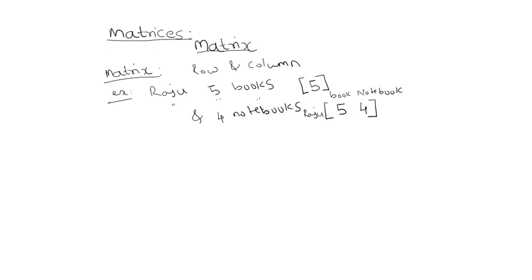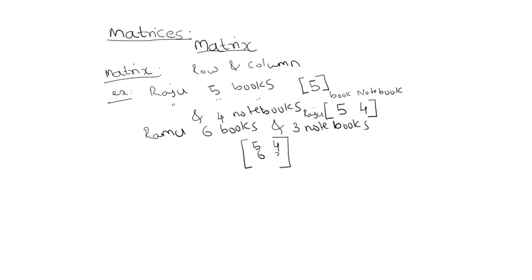Now suppose there is another person, say Ramu. Suppose Ramu has 6 books and 3 notebooks. Then we can express this information in the form of a matrix as 5, 4, 6, 3.